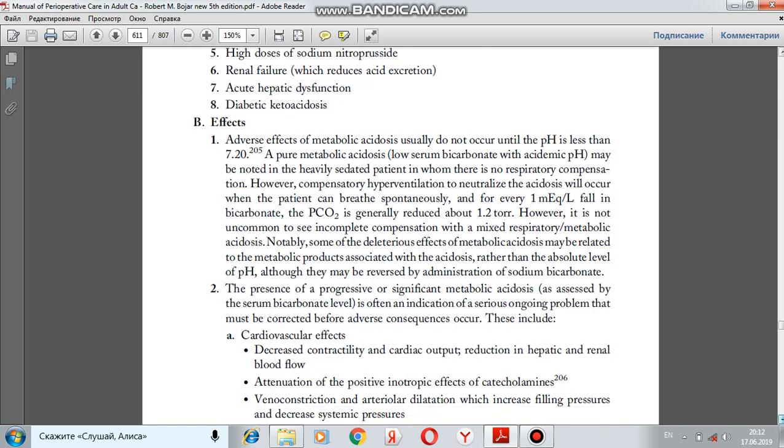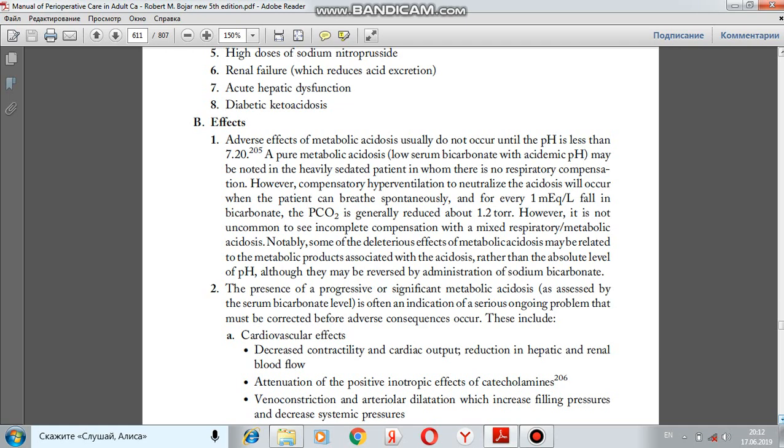B. Effects. Adverse effects of metabolic acidosis usually don't occur until the pH is less than 7.20. A pure metabolic acidosis, low serum bicarbonate with acidemic pH, may be noted in the heavily sedated patient in whom there is no respiratory compensation.